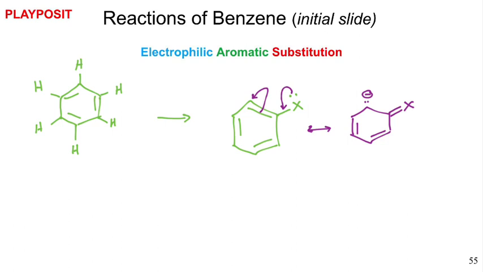What charge do we just build on the ring? A negative. So if I can modify my benzene, starting instead of just straight benzene, start with something else where I have some unknown atom that has these electrons, it makes my ring more active. It makes it more nucleophilic because it can make it negatively charged.